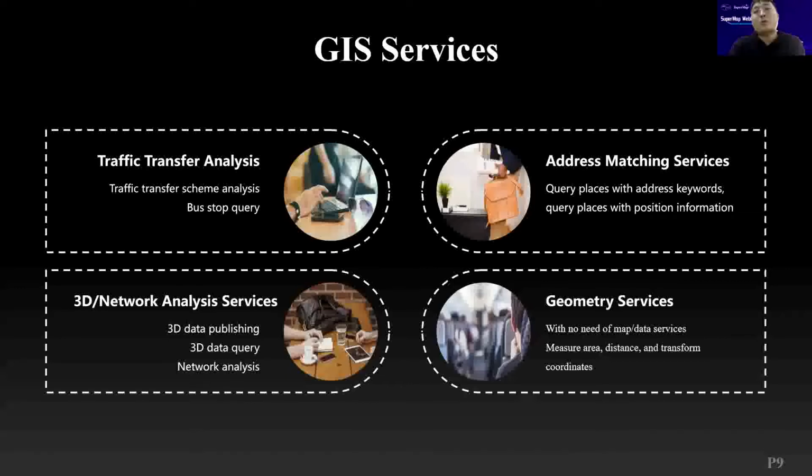So we want to get the result, which is the closest valve upstream of this point, and which users or which area of users will be affected by this burst. This kind of function we can achieve with the 3D network analysis service.